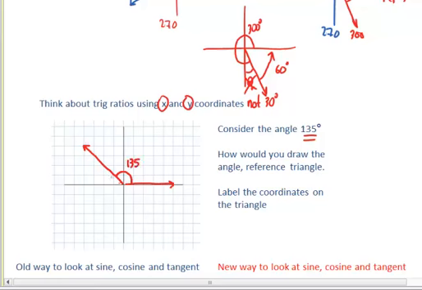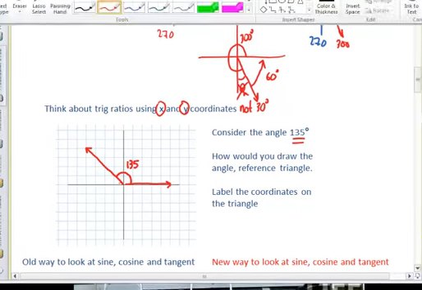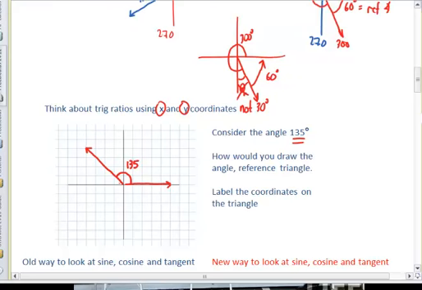And now I'm going to draw my reference angle. So my reference angle is right here, and that's going to be 45.